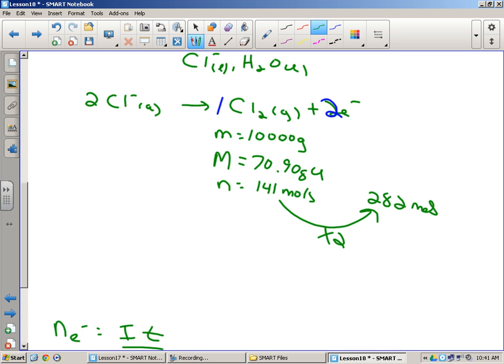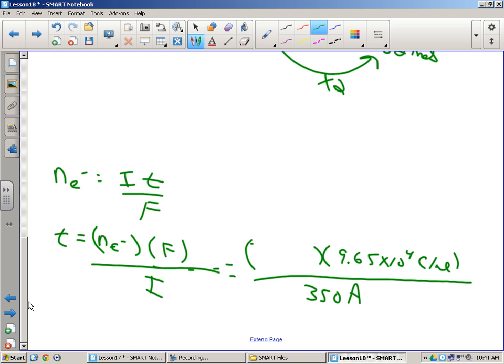Well, now I can use that to help me figure out the rest of this question here. So I go back down to here and I say, okay, well, 282 moles of electrons were basically transferred here in this case. So I'm going to put that into there, 282, right? With Faraday's law and, of course, the number of amps, I can figure out the time here.